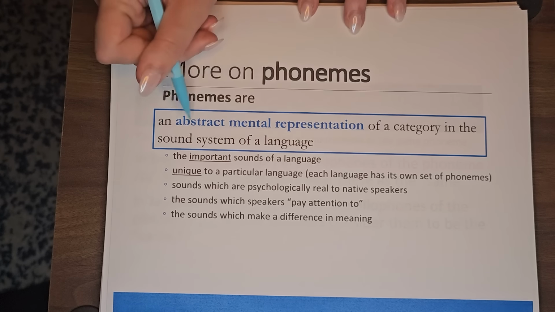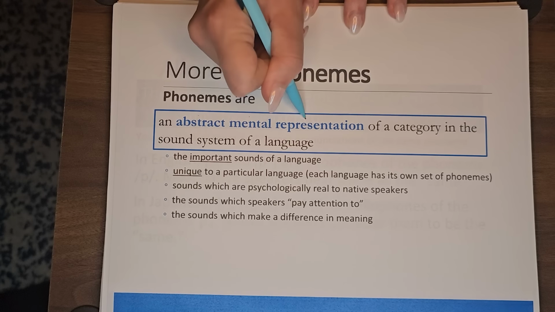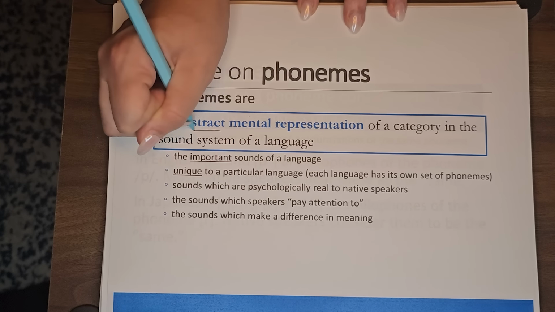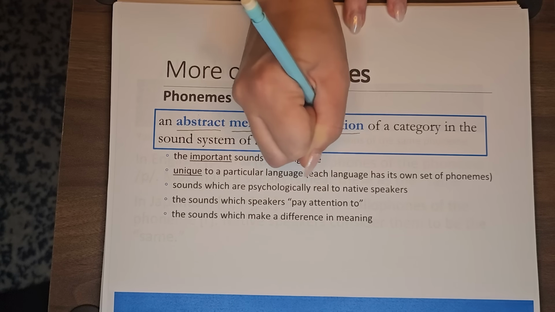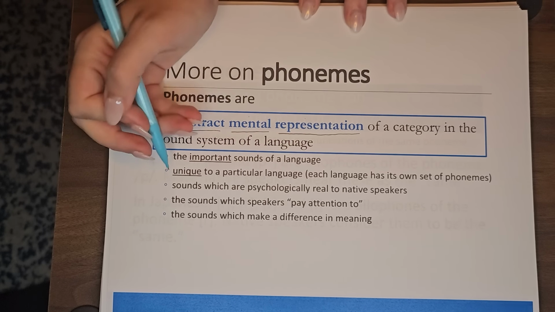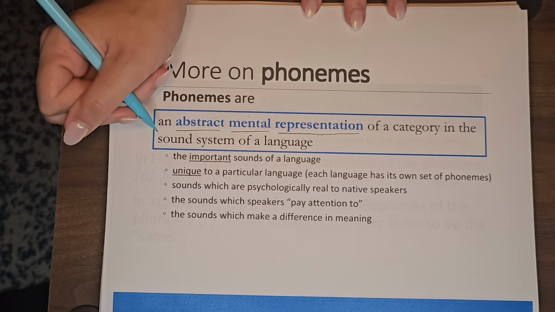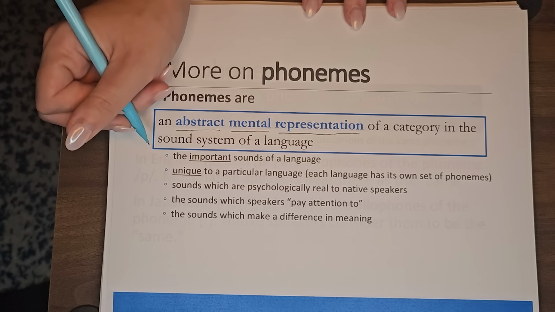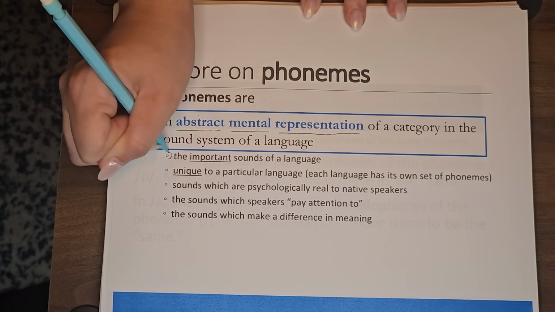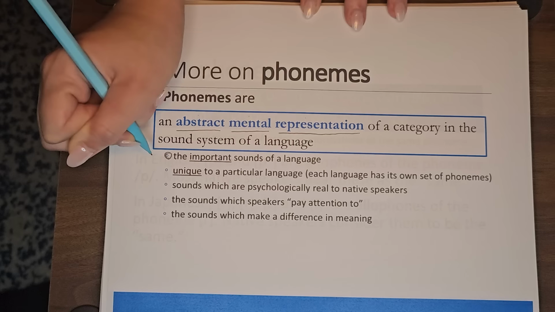Phonemes are an abstract mental representation. This means that it is related to the physical properties of the sound, but they are mental categories that we use to put phones into different classes. They are more or less the important sounds of a language.